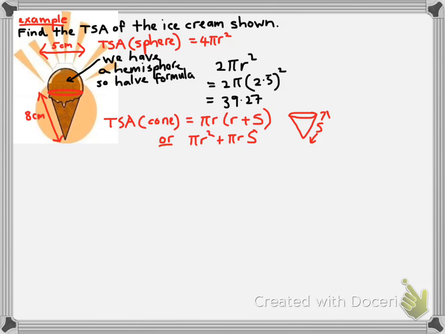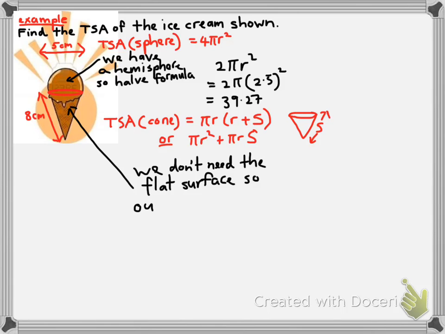Now the total surface area of a cone is pi r bracket r plus s. Now that's the factorised form of the formula, but you can also use the formula in this form: pi r squared, which represents this flat circular part of the cone, and pi rs, which represents the curved surface. And that s, by the way, means the sloping edge length. Now the thing is, we don't need the flat surface because the cone is topped with a scoop of ice cream.